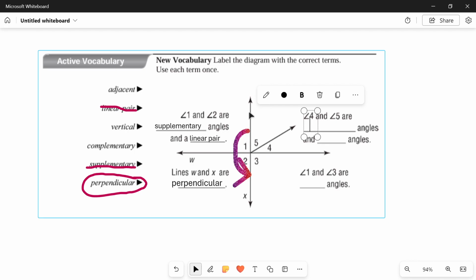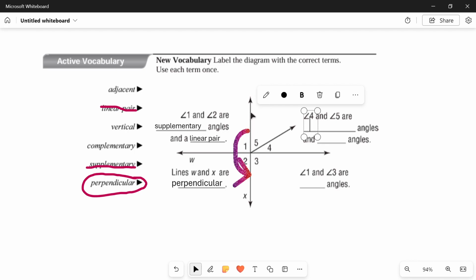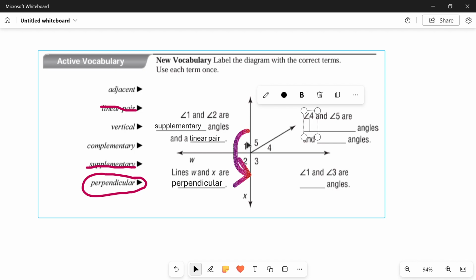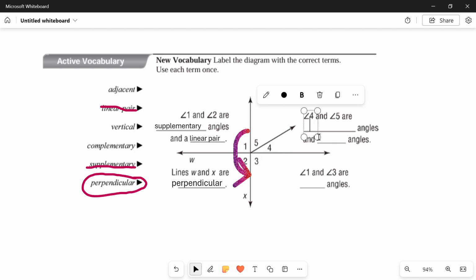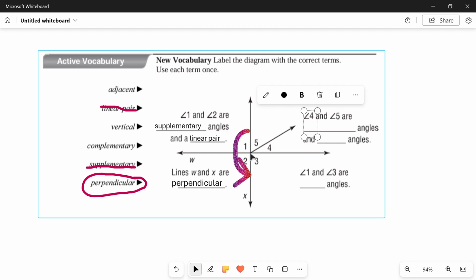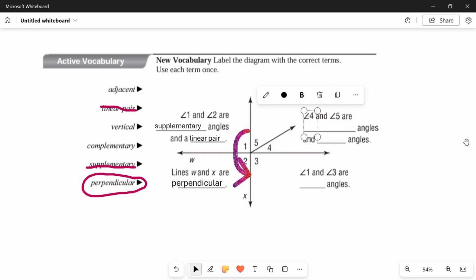So if you look at 5, it has this initial point, and it goes up, and it goes up. So those are its two sides. And then look at 4, it has this initial point, and it goes up, and it goes out. So it has two sides. So if they have the same initial point right here, or what we call vertex, then they are adjacent.